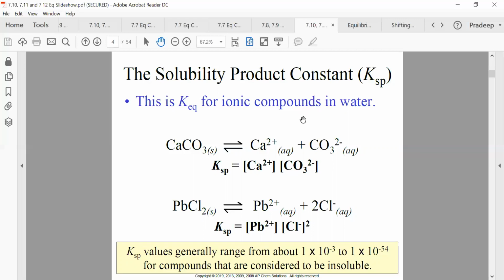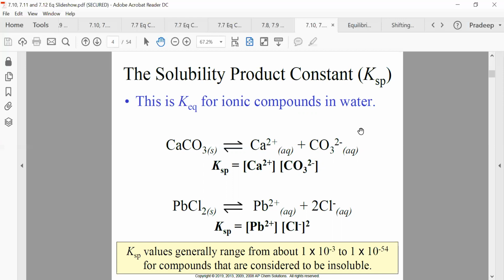For ionic compounds, the KSP value is equal to the equilibrium constant.